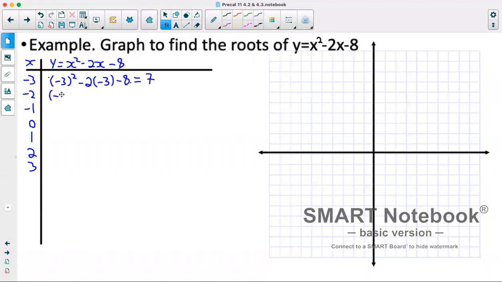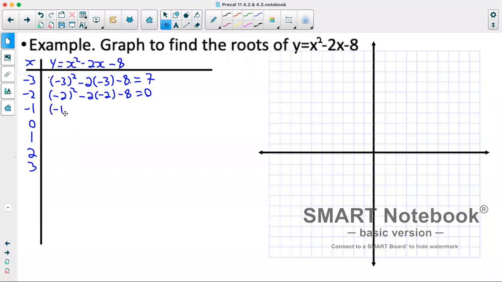Next, we have -2. So we have -2 squared minus 2 times -2 minus 8. -2 squared is 4. -2 times -2 is also 4. So 4 plus 4 is 8. Minus 8 gives us 0.